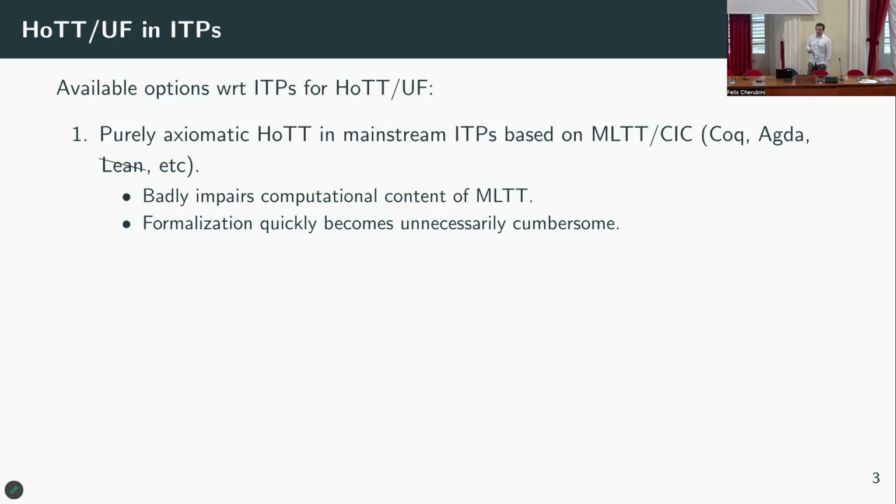But the bad side, the inconvenience linked to it, although they have very developed infrastructures, is that it badly impairs computational content of Martin-Löf type theory, and normalization quickly becomes very cumbersome.